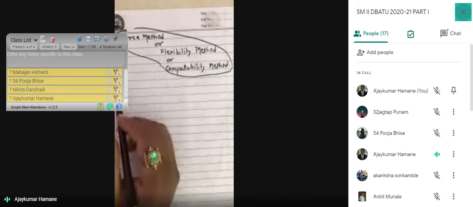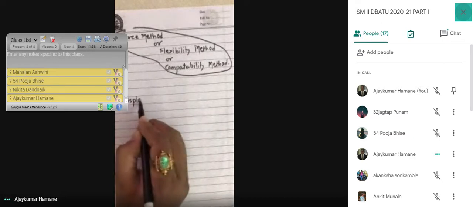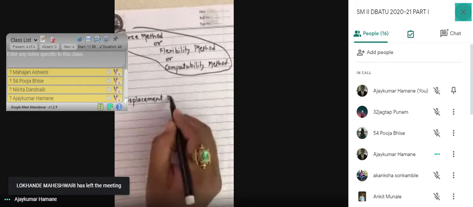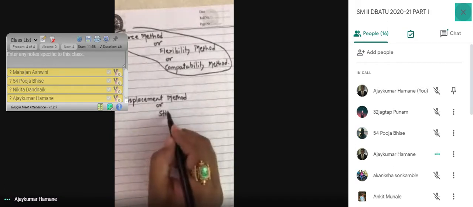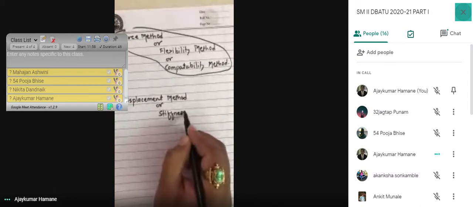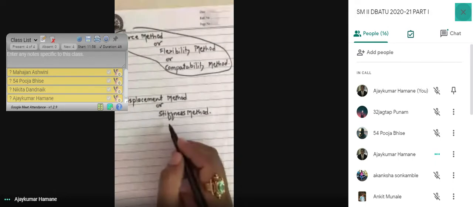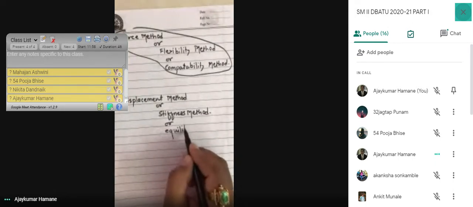And for the stiffness method, we call it a displacement method or stiffness method or equilibrium method.